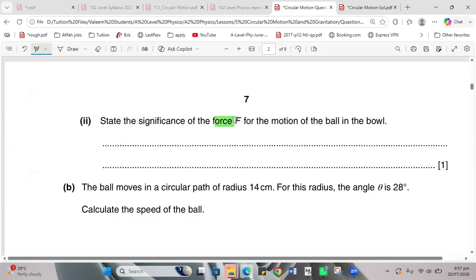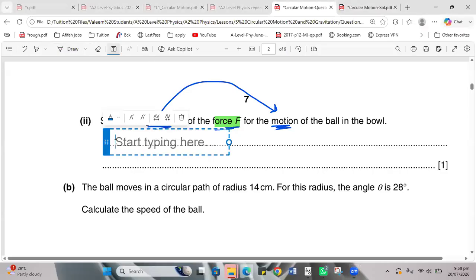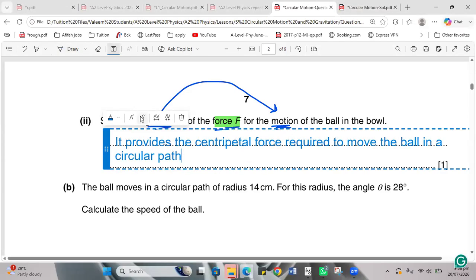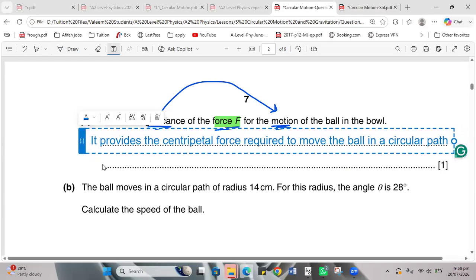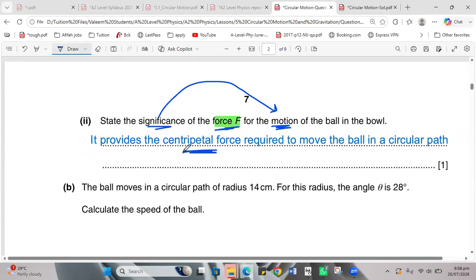Significance of force F. What was F? F was the centripetal force or the resultant force. What do they mean by significance? Significance means importance, importance in regard to the motion. It provides a centripetal force. Very good. Absolutely. It provides the centripetal force required to move the ball in the circular path. Correct. This was the keyword.